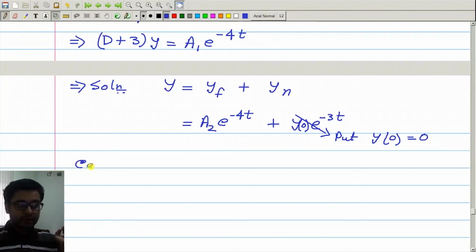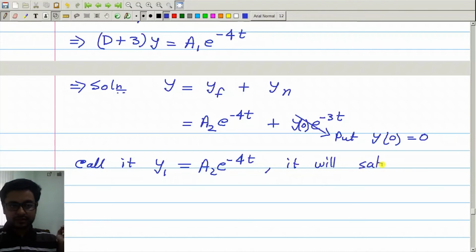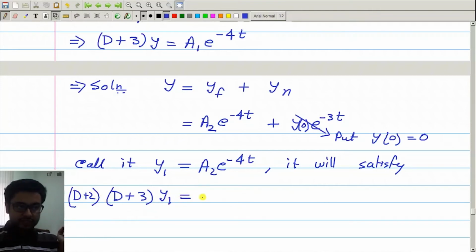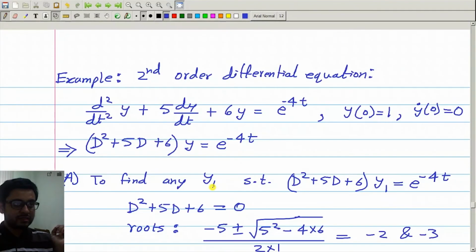So call it y1, which is equal to this, and it will satisfy the given equation that d plus 3 d plus 2 acting on y1 is equal to the input, which was e to the power minus 4t.